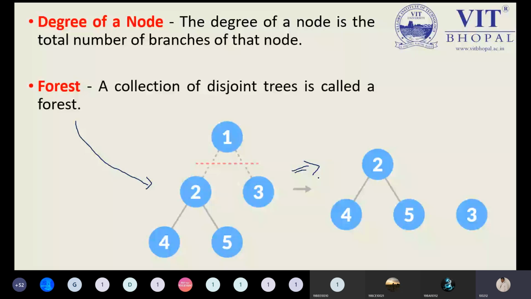Okay, so A is the root node, so this is a tree, or we can say it is a subtree of the root node because it's connected. So I'm just disconnecting it. And C itself is separate. So these are represented by the forest. Forest means a collection of disjoint trees. So how many subtrees do we have by which we are making a forest?